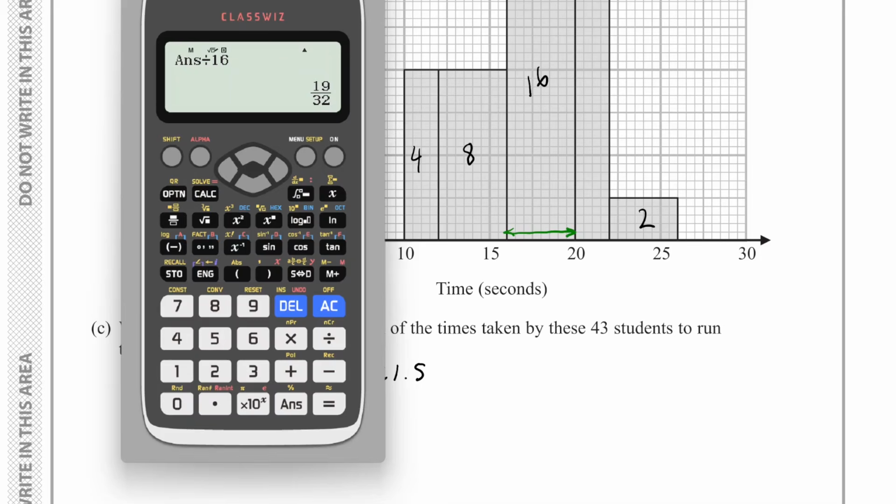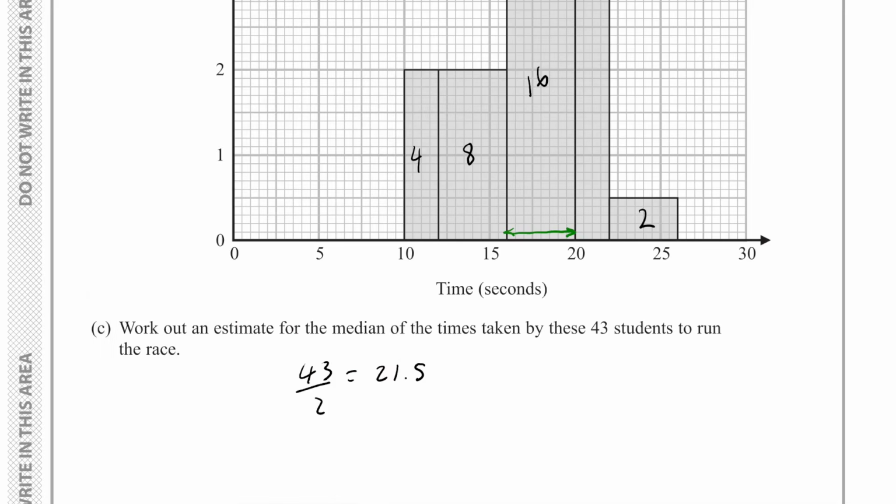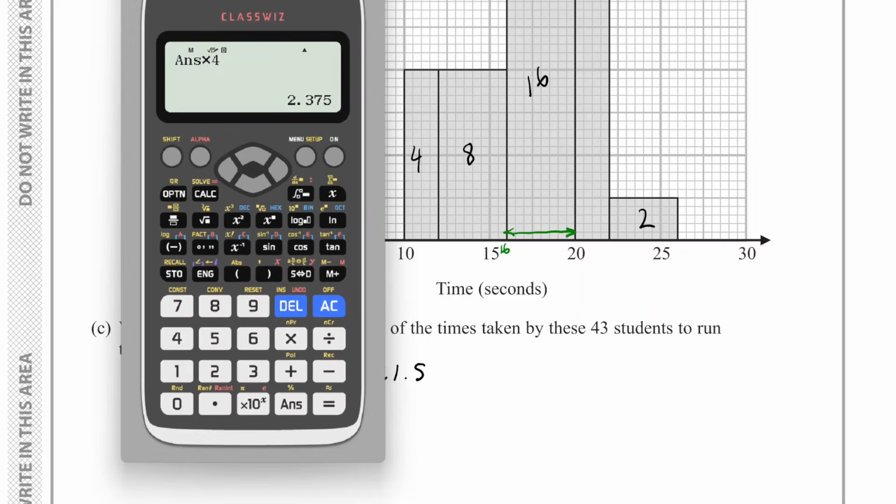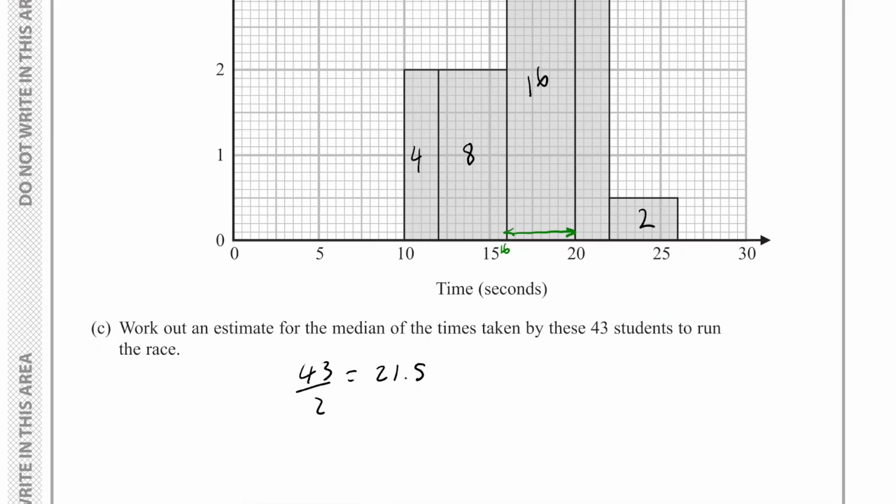It's 4 wide from 16 to 20. So if we times by 4, we're going to go 2.375 into that box. So we're 16 here, plus the 2.375 gets us to 18.375.